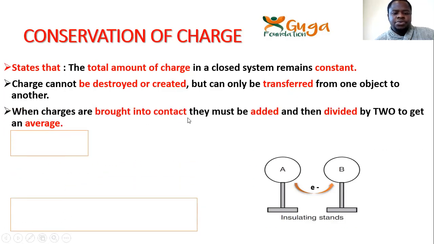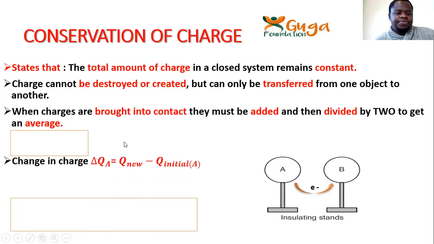When charges are brought into contact, they must be added together and then divided by 2 to get an average charge. Okay, which is Q new is equal to Q total, the sum of those two charges divided by 2.